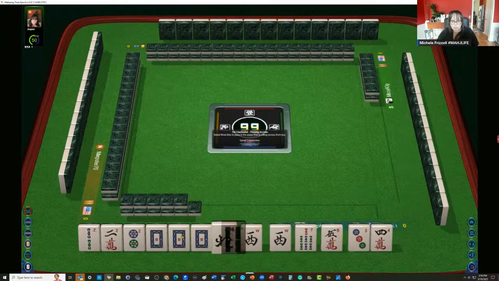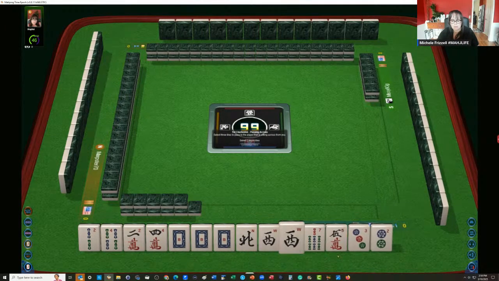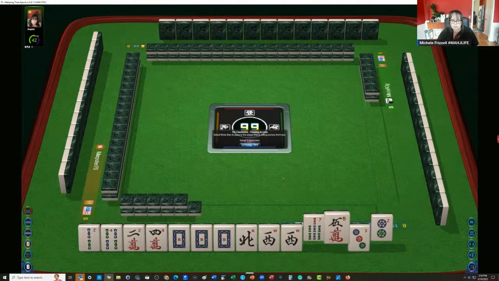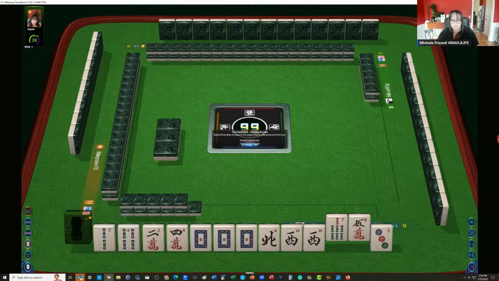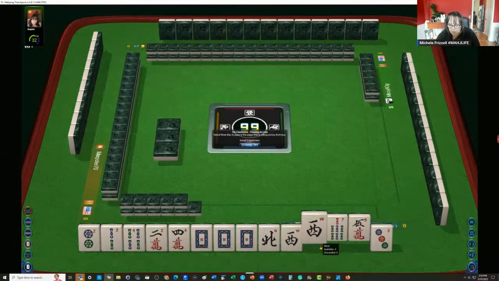Well, you got 4s. That will help. Look at that. Okay, let's pass 2, 5, 7. Let's see. We don't need the west. We need north and south paired up.